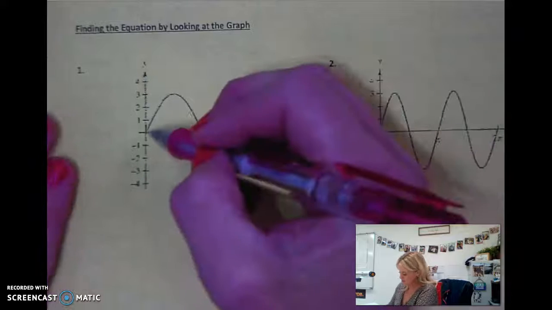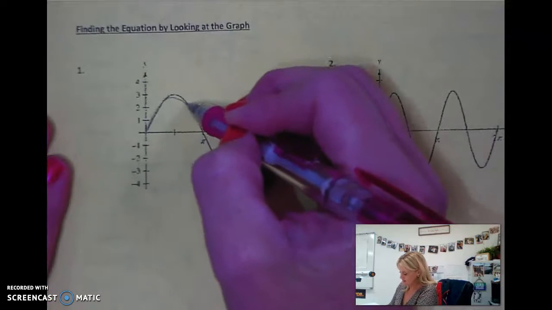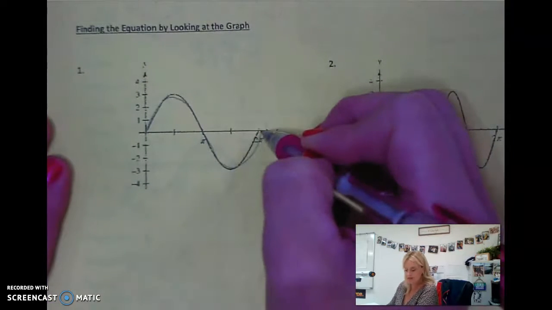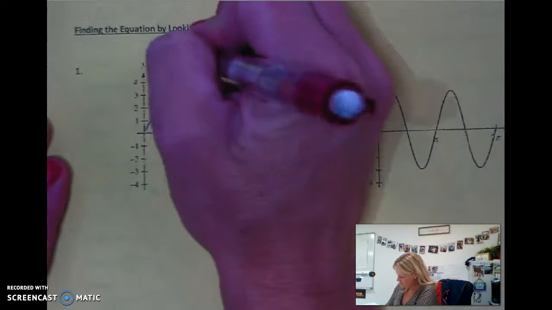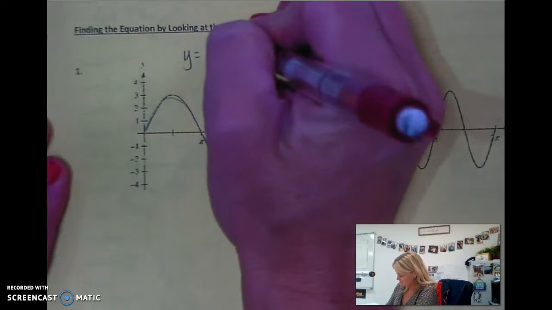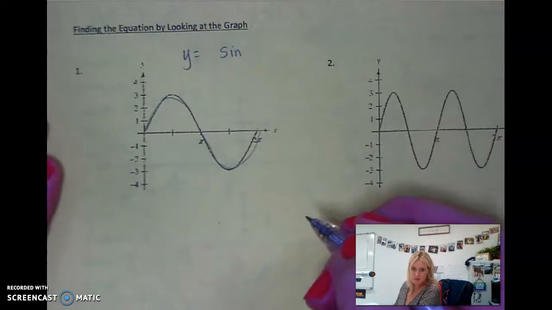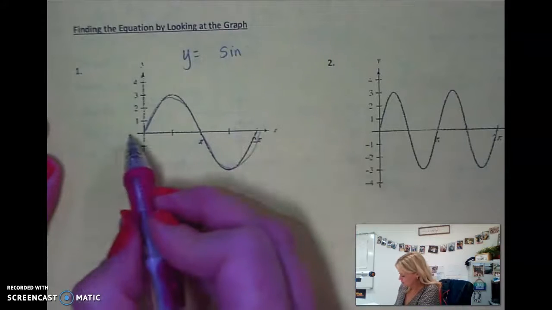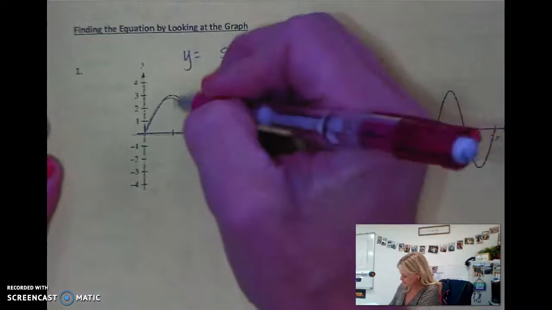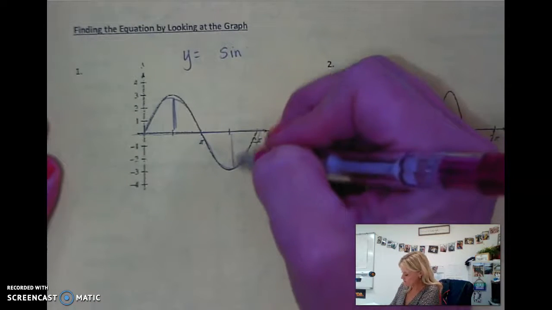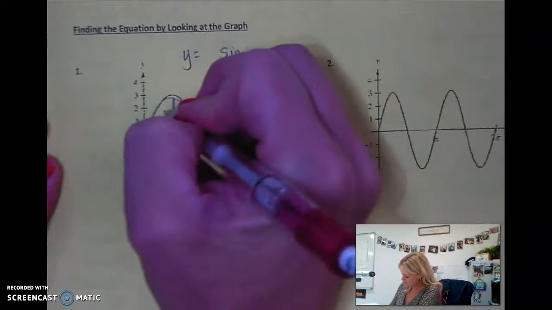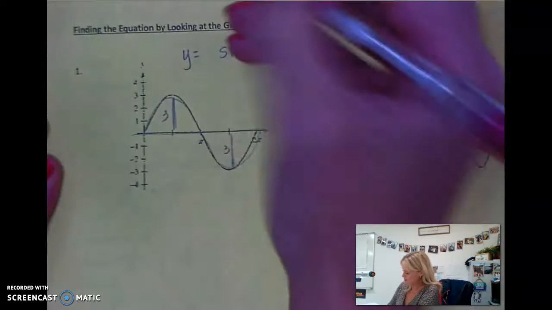So the first thing you need to do is decide, is this the sine wave or the cosine wave? And it is the sine wave. The next easiest part is probably the amplitude. So look at your midline. How high is this stretching and how low is this stretching? And it is going by 3 both times.